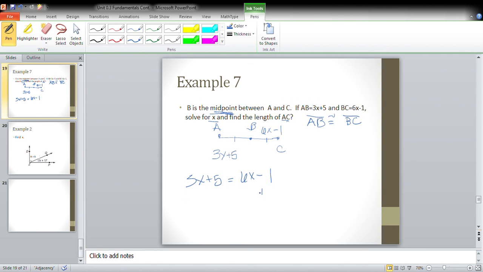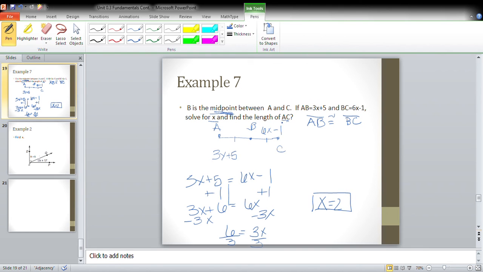So let's add 1 to both sides, giving me 3x plus 6 is equal to 6x. And then I can subtract 3x from both sides, giving me 6 is equal to 3x, and then divide by 3, so x is equal to 2. We're not done yet. We need to find the length of AC, so I'm going to plug it back into either one of these.